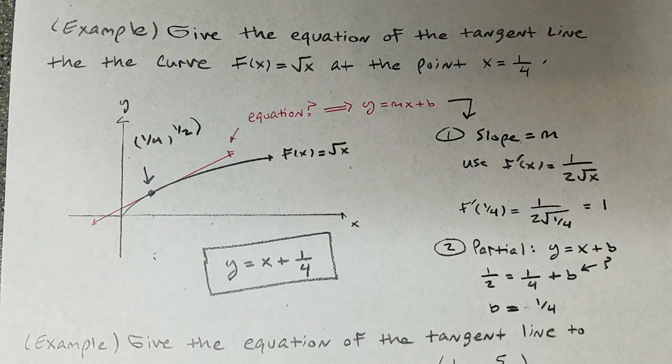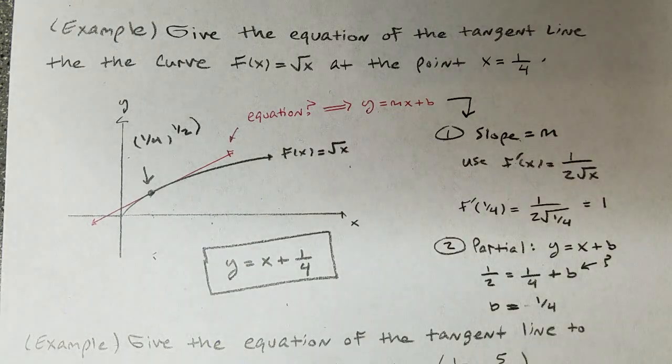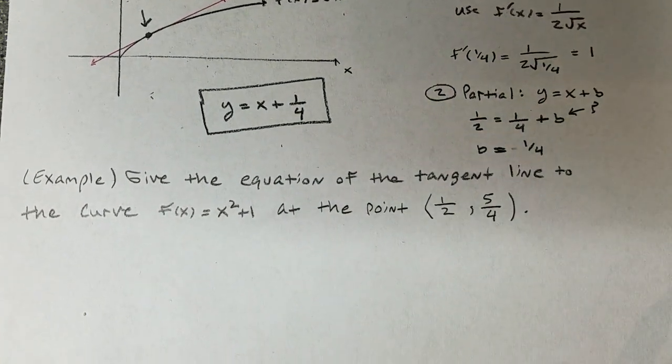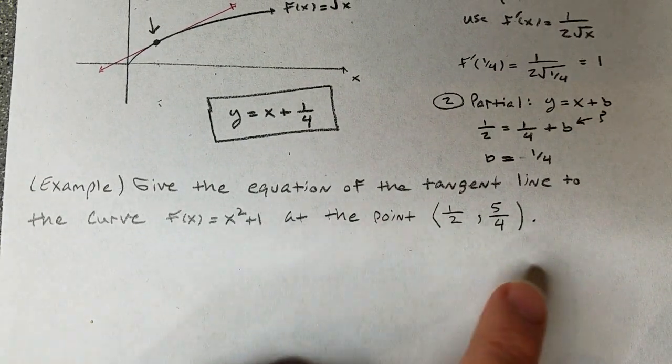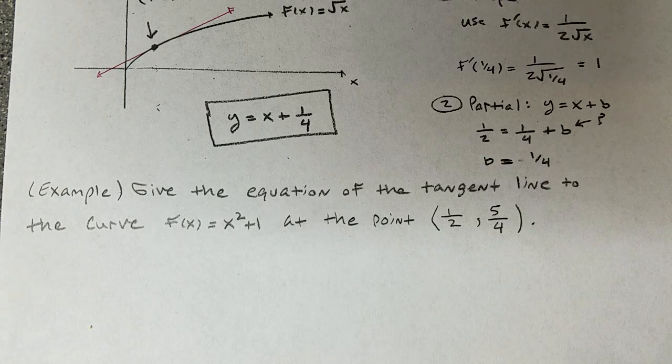Okay, so let's try another one. And this time I'll go through the procedure. I won't draw a picture. You know, once you've seen the picture, you can imagine the same kind of thing happening with other problems. But okay, so here it is. It says give the equation of the tangent line to this curve at that point. Okay.